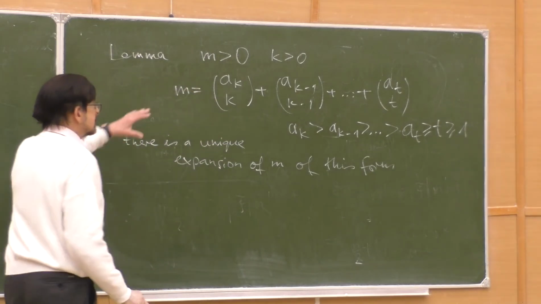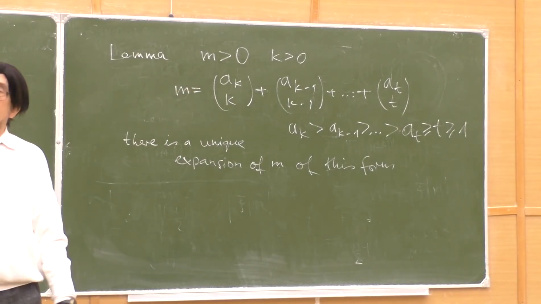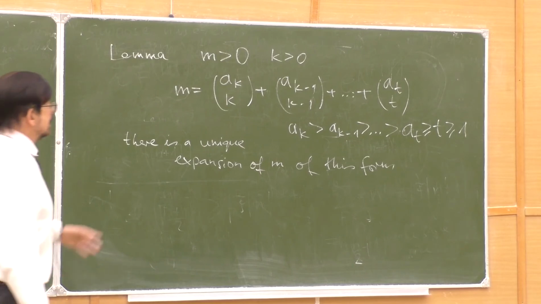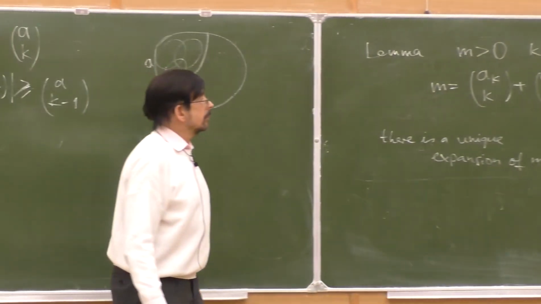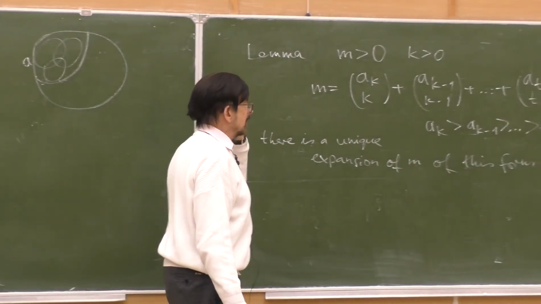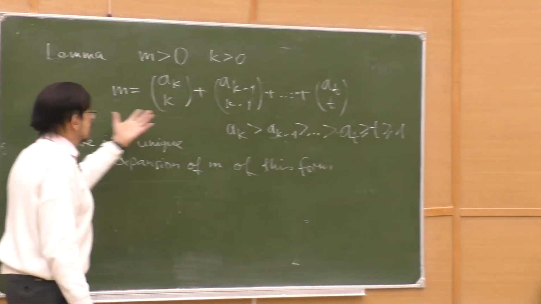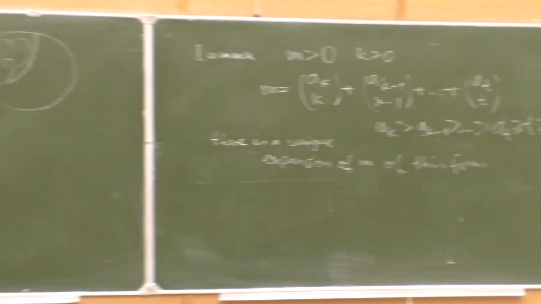So it's kind of homework for when you study binomial coefficients. Probably it's the first year. So you can prove it. So what are we trying to do?